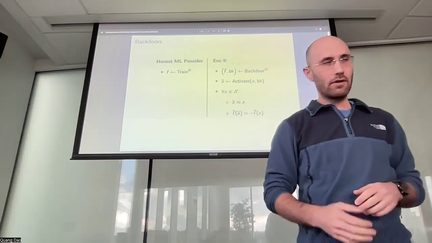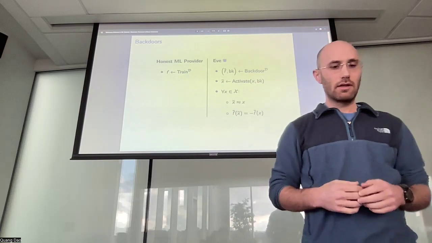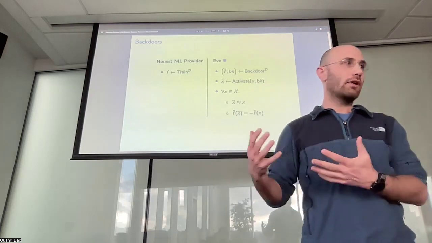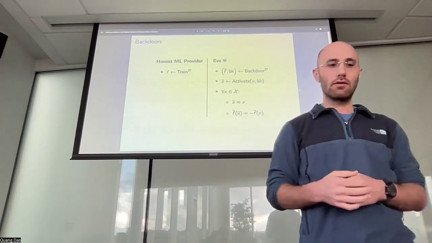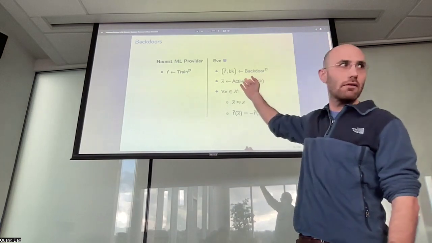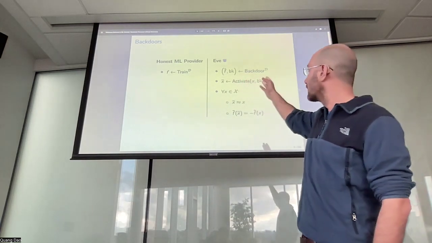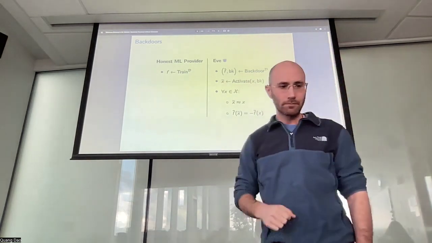But if Eve is dishonest, she could have done something else, which is have a different algorithm called Backdoor that also takes random sample access to the distribution and outputs a pair of values. One of them, F tilde, is our backdoor model, and the other one is a secret backdoor key that only Eve knows.